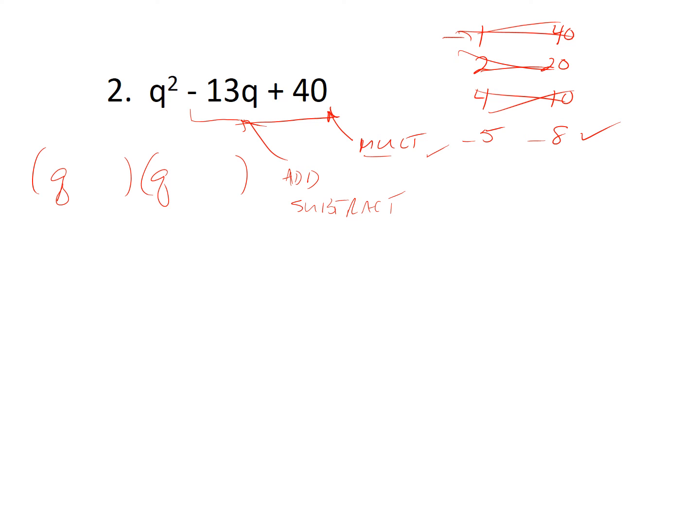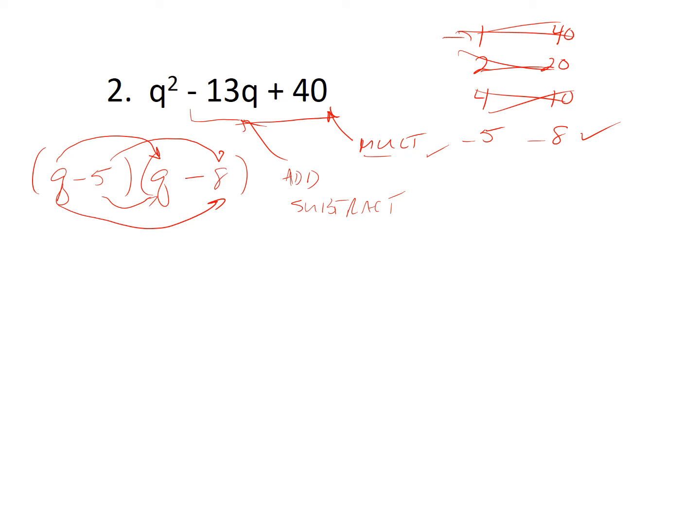So my two factors are going to be q minus 5, and then the negative 8 will be the other one. Now we can check this, right? We can use what some of you have learned as the FOIL method. I'm going to multiply the first two together, the outer two together, the inner two together, and the last two together.